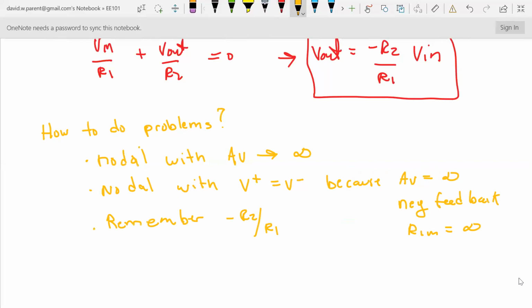Well, in 98, when I wanted to test whether you knew nodal analysis and you could do this thing, I wrote a question using nodal analysis, and it was obvious. But then when you started working with more complicated circuits, you kind of use nodal with this. You noticed the open loop gain was infinity, you saw the negative feedback, you saw this, and then you stated this, then wrote the nodal, and it went a lot smoother.